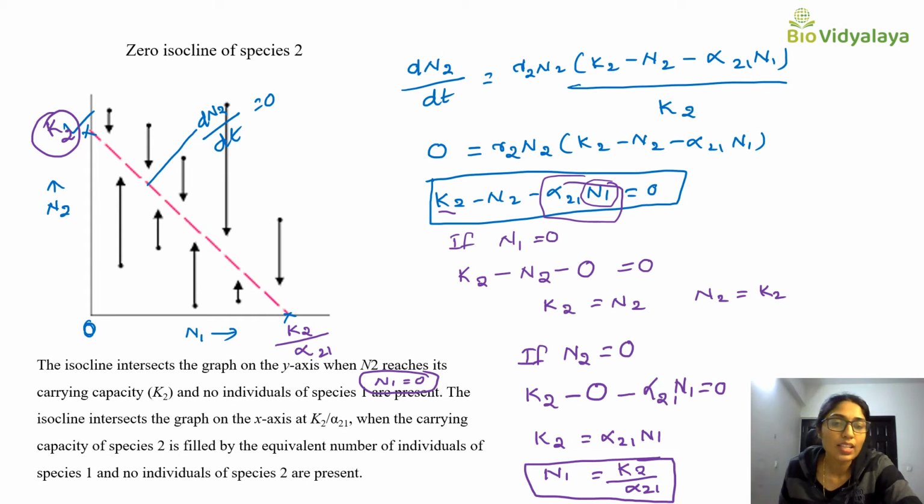The isocline intersects the graph on the x-axis at K2 divided by alpha 21 when the carrying capacity of species 2 is filled by the equivalent number of individuals of species 1 and no individuals of species 2 are present. That means N2 is equal to 0. I think this is clear for you.